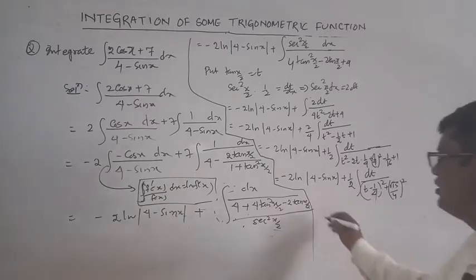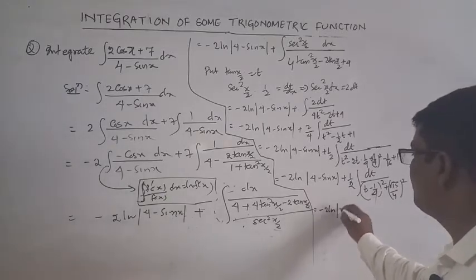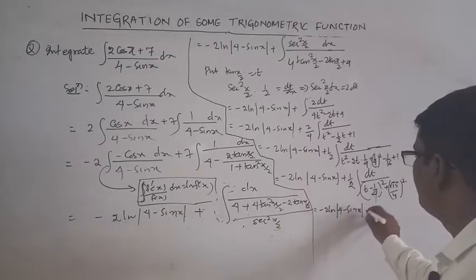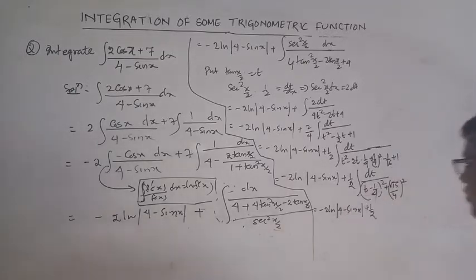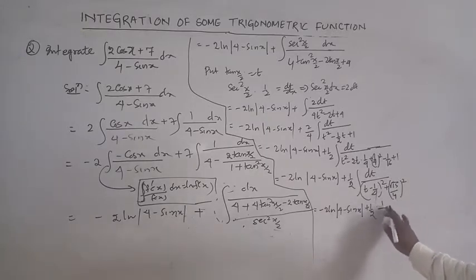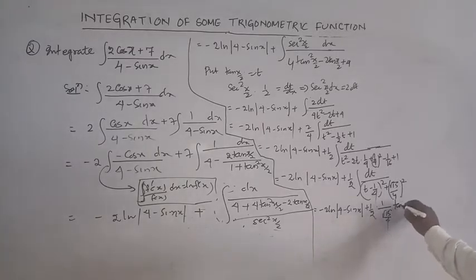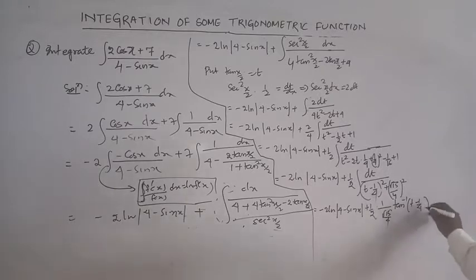Now this is equal to minus 2 ln of 4 minus sin x plus 1 by 2, 1 by a. 1 by a means 1 by root 15 by 4 into tan inverse t minus 1 by 4 by root 15 by 4, plus c.